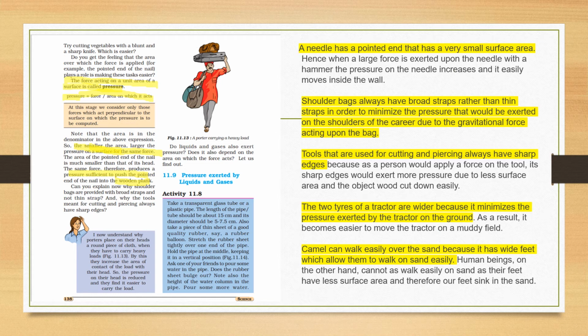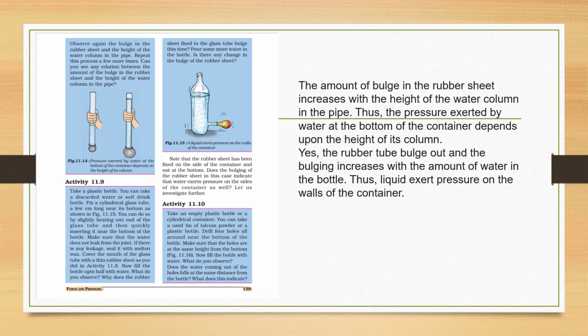For it, one experiment is given to you. Just have a look. In this activity, you have to take a transparent glass tube or plastic pipe. The dimension is also given, this many centimeters in diameter, and you have to take a rubber sheet on it. Then you have to put some water in it. Then you observe that when you put some water, the rubber sheet will bulge out.